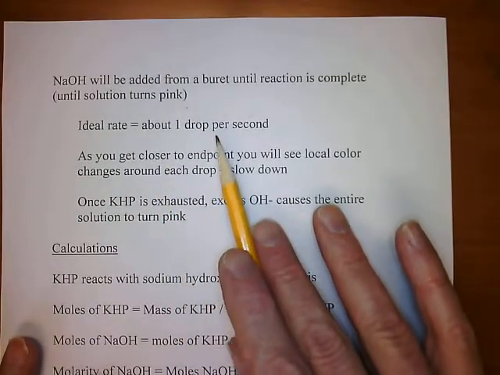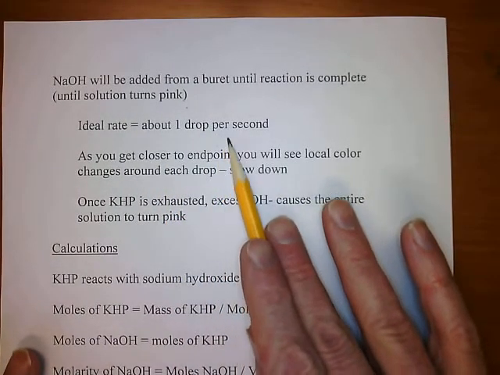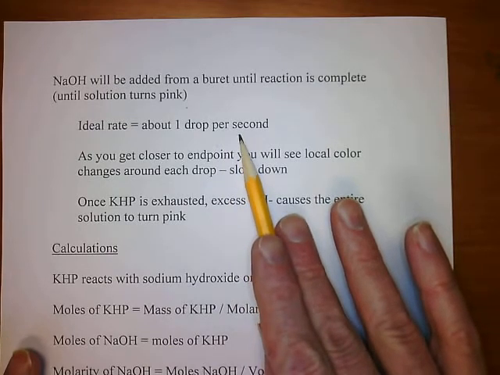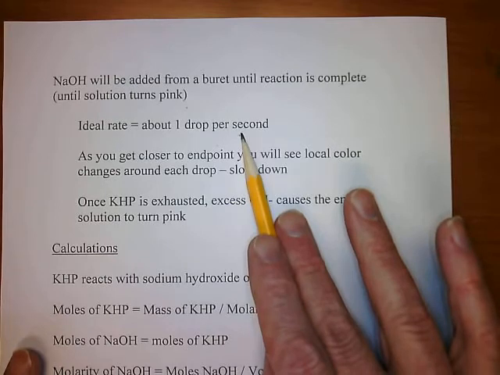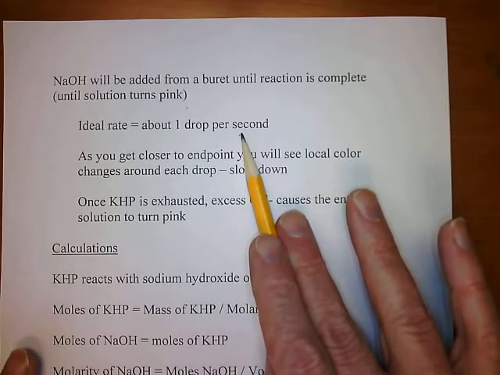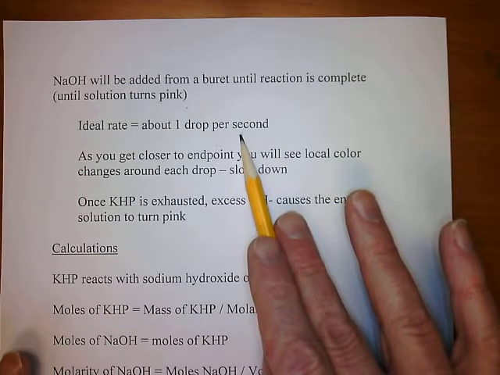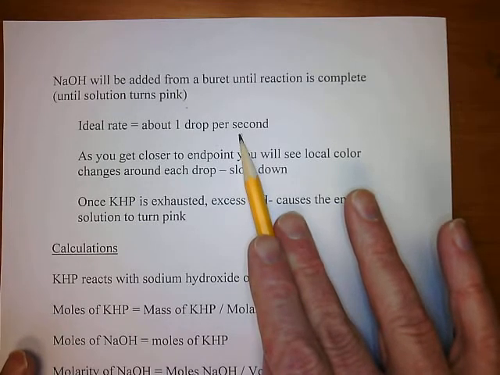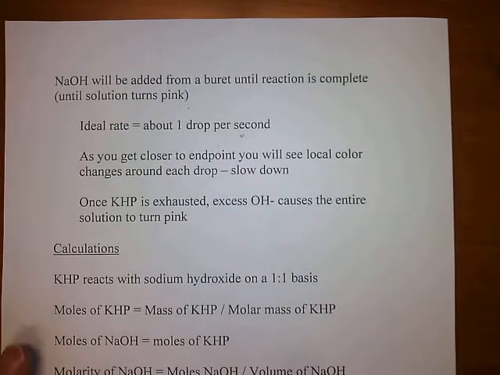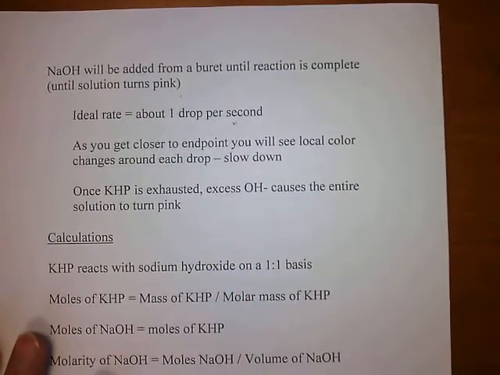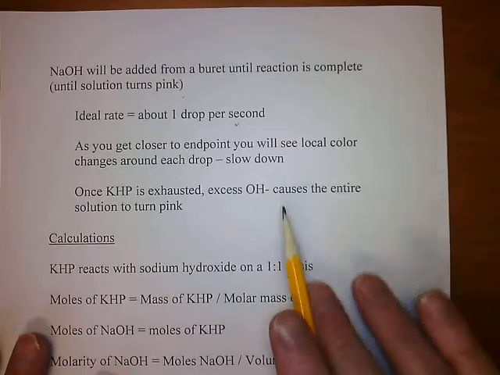You want to shoot for about 1 drop per second. Some things you can't rush, and a titration is one of those. It's better to take your time, because if you get going too fast, you'll shoot way past the end point.